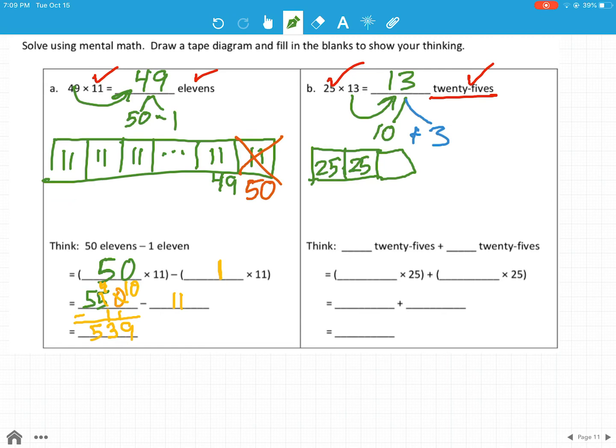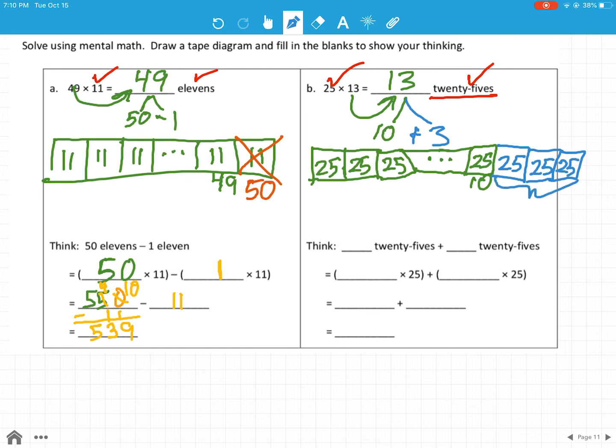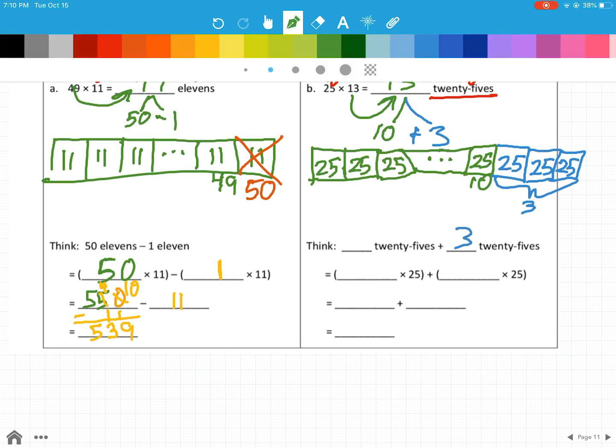We're going to do 10 of them. Of course, we can't draw all 10 of them, so we are going to draw some, and then it's going to be 10. And then we're going to draw 3 of them to represent the 3 25s. So we're going to have a 3 here, we're going to have a 10 here.